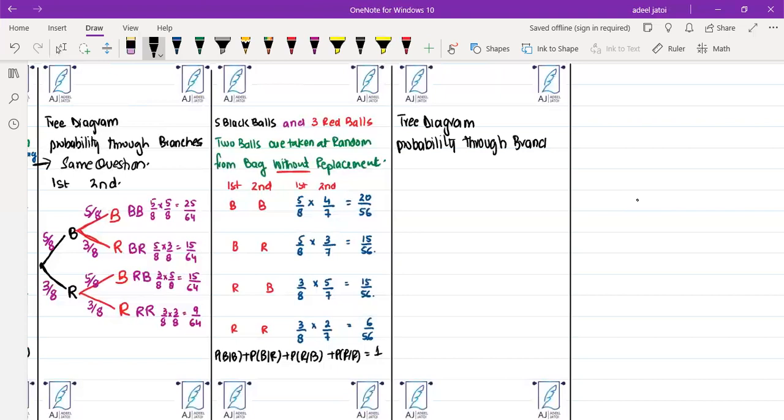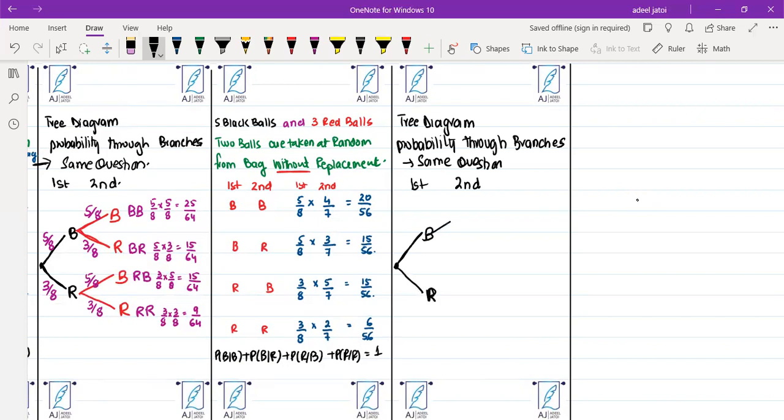Tree diagram represents probability through branches. Same question as it was there, but the question is now without replacement. So first and second. If we want to choose the first, the first is black or the first can be red.